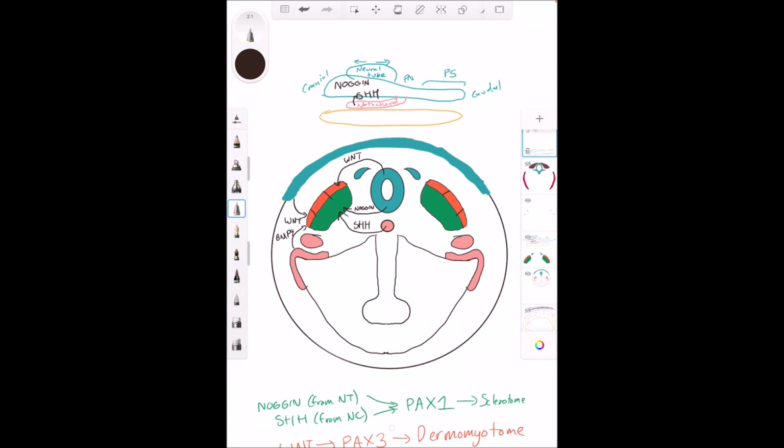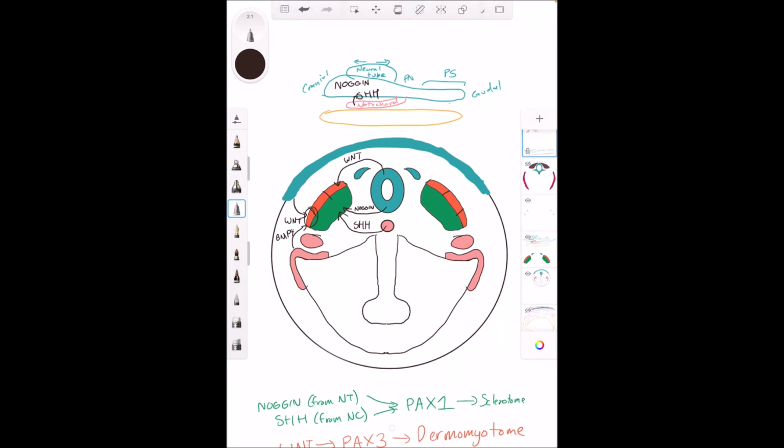But BMP is going to come from the lateral plate mesoderm and stimulates the ventral side of the dermomyotome to be different from the back side, or the dorsal side.